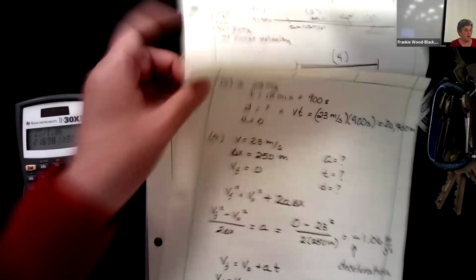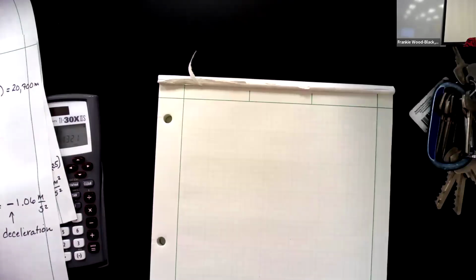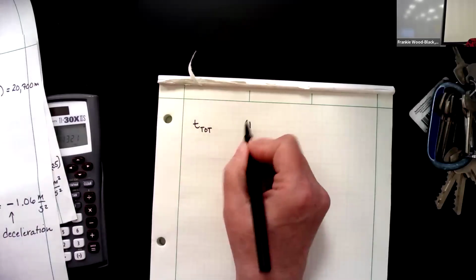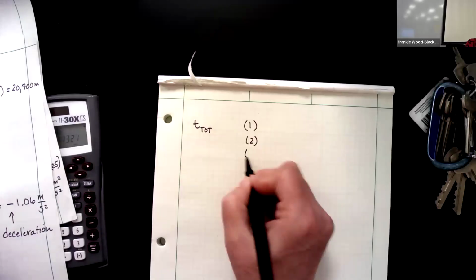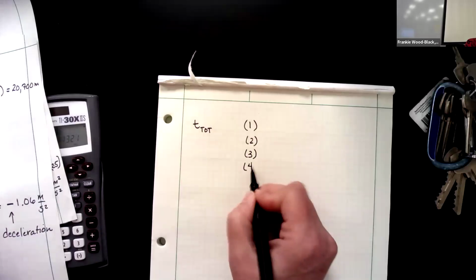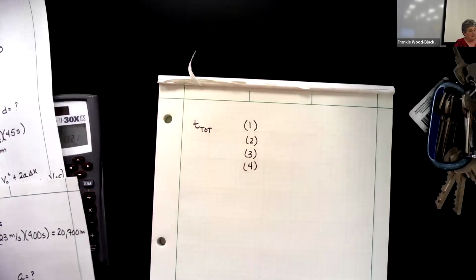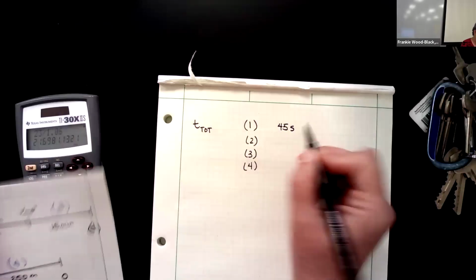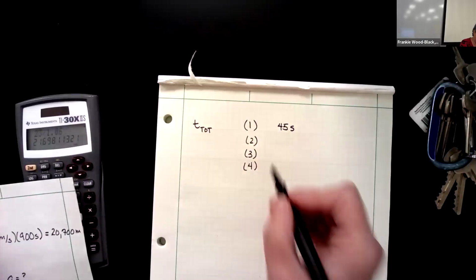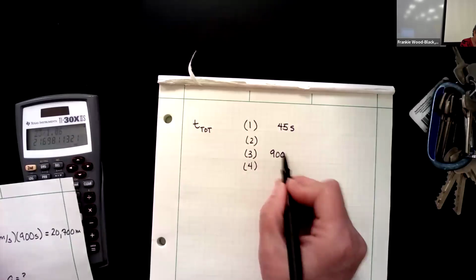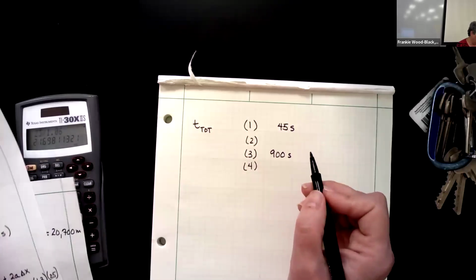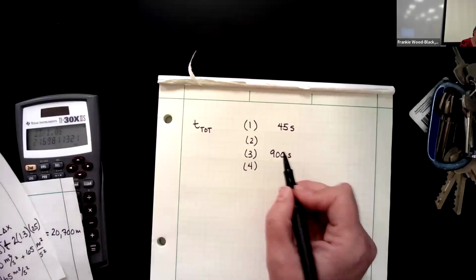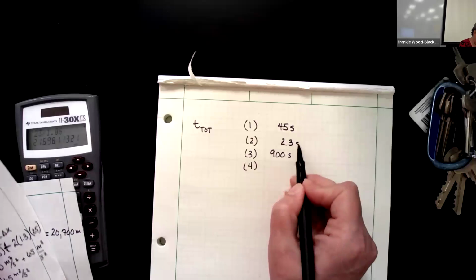So now we want to solve for the whole problem. My total time is going to be the time from 1, the time from 2, the time from 3, the time from 4. Time from 1 was given in the problem, 45 seconds. The time from 3 was given in the problem, but we had to convert it to seconds. We had to calculate the time from 2 in part 2, and it was 2.3 seconds.